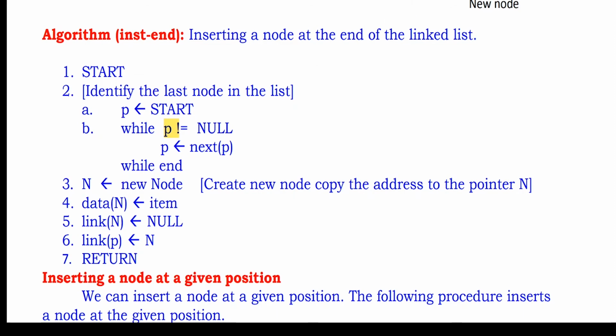In that place we have to write link next. So next of P, while link of P not equal to null means we move to the last node, and there we add an item and the link field is replaced by the last one. So this is how we are able to perform inserting a node at the end.